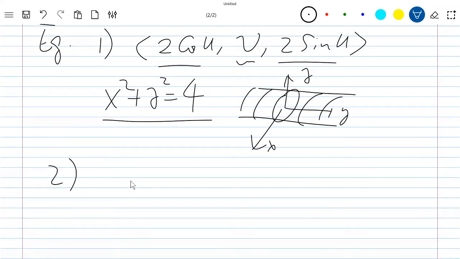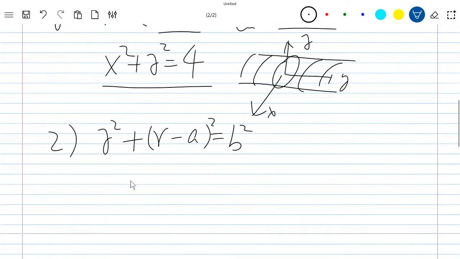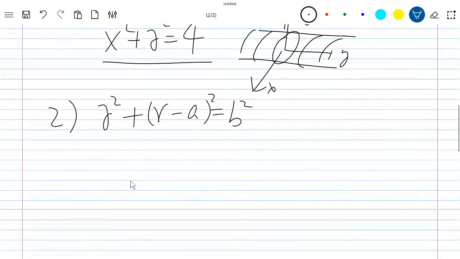And let's see what z squared plus (r minus a) squared equals b squared is. Here r is the polar coordinate r. So how do you parameterize this?